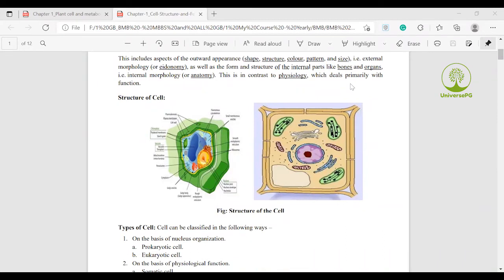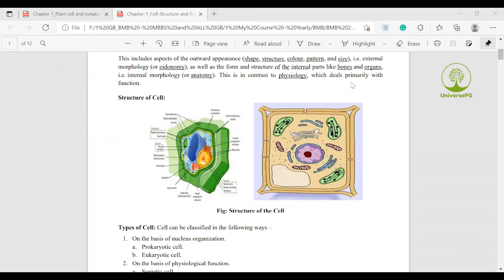Generally, in the course viva and also the semester final viva, we ask students some questions: what is the major difference between plant cell and animal cell? So you see the structure and compare plant cell with animal cell.